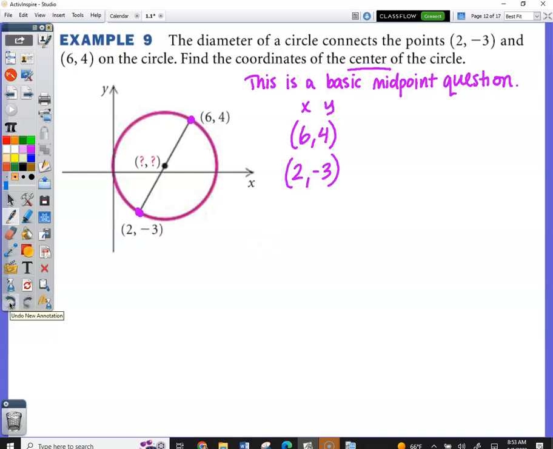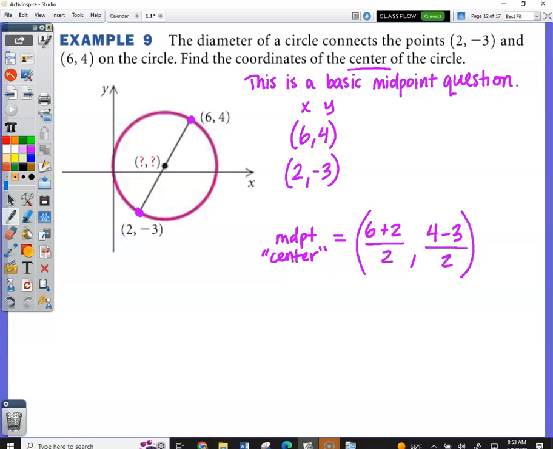So the midpoint, or the center of the circle, is going to come from averaging the x's, which you could do in your head, but I'm going to write it out so you know where it came from. And then averaging the y's. Now, why am I writing 4 minus 3 here?